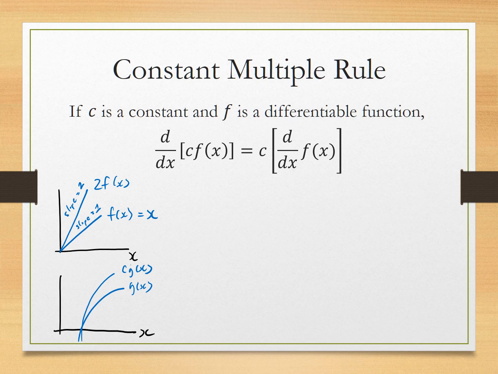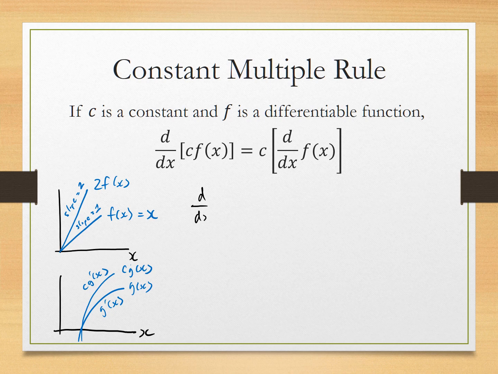So if you have a curve g(x) and that has slope g prime x, this couldn't be a constant, so I shouldn't use a single number. And you scale it up by c, then the slope would be c g prime x. That's what it says. And once again, you can show it very easily with the definition of the limit.